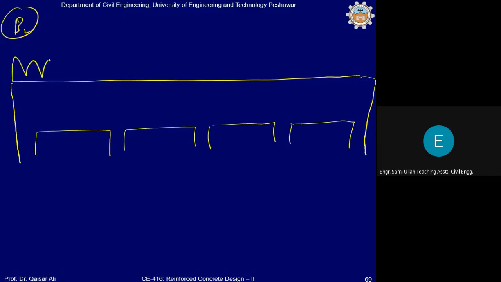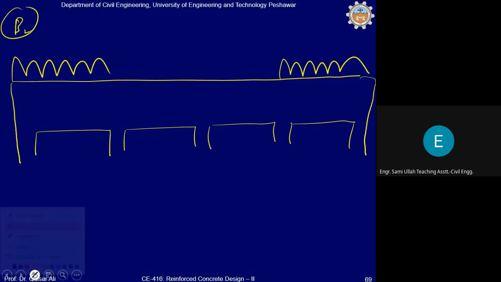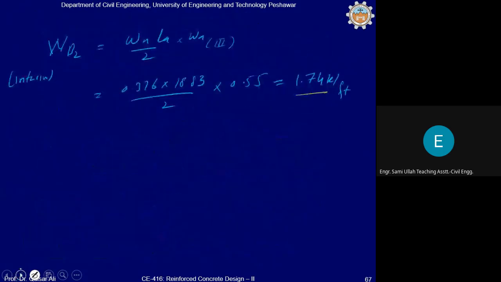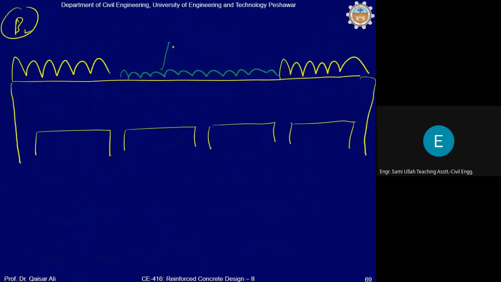And again, load acting on the exterior span was how much? 2.48, and load acting on the interior span, it was 1.97. 2.48, 1.97, and this load is 1.97 kip per foot, and this load is equal to 2.48 kip per foot.